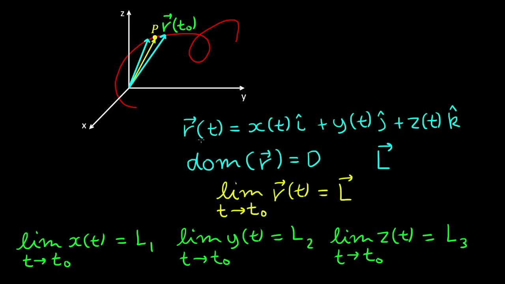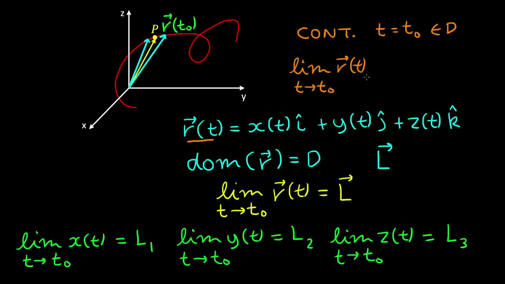And similarly, a vector-valued function r(t) is continuous at a point where t equals t0 in its domain if the limit of r(t) as t approaches t0 is equal to r(t0).